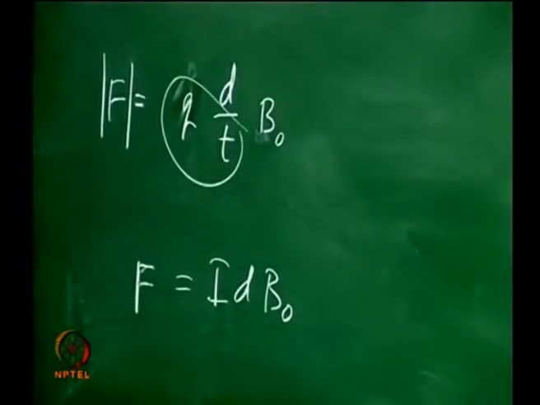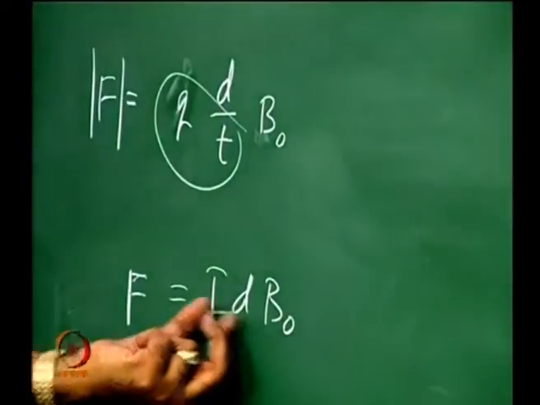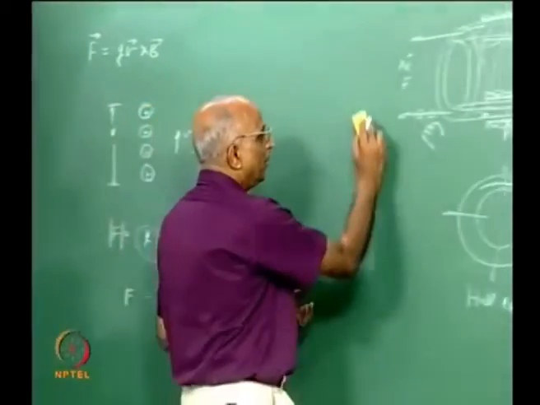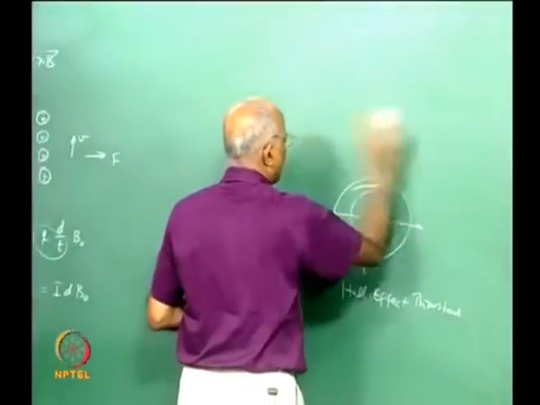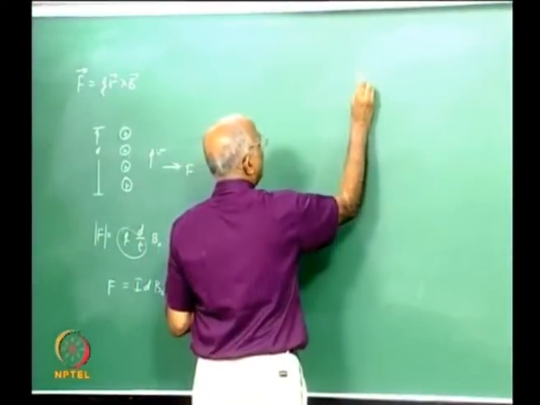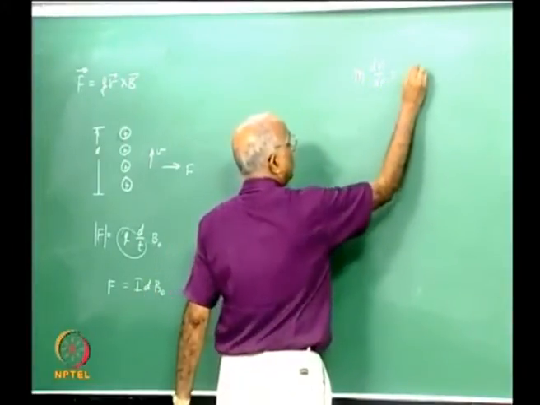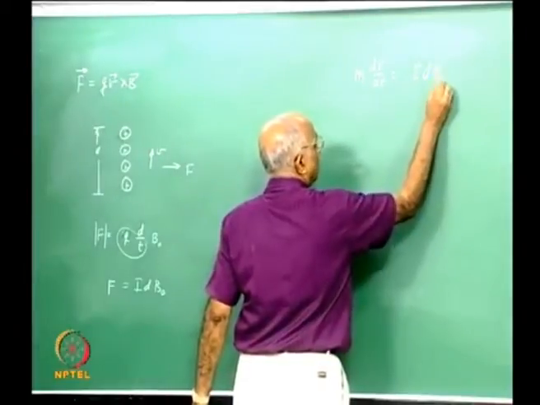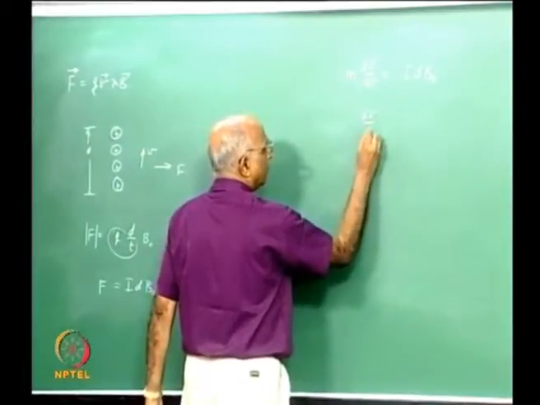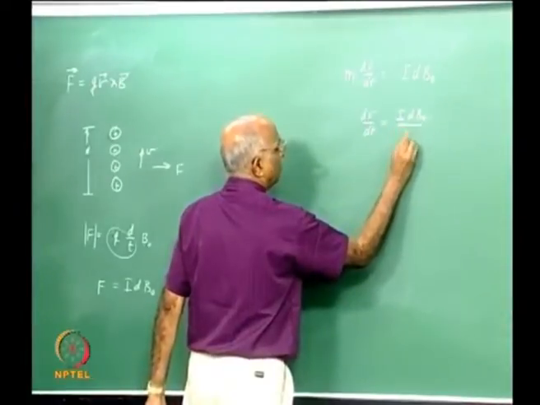Therefore I find in a magnetic field, if I have a current I and the depth of the magnetic field is d, I get a force F over here. To complete this scenario, if I write the force as mass into acceleration, where m is the mass of the charge, I get m into dv by dt equal to I d B0, where B0 is the magnetic field, or rather dv by dt is equal to I d B0 by m.